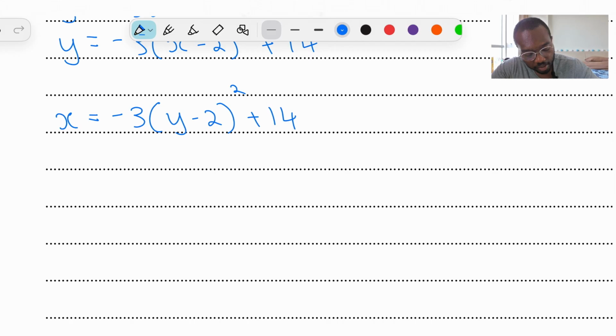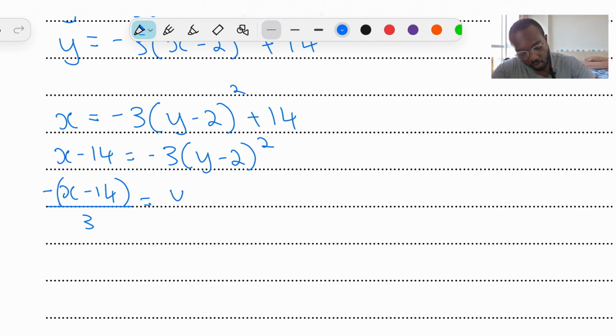So if we do this, therefore, we would get x minus 14 is equal to minus 3 (y minus 2) squared. Then we can divide by the minus 3, so we get minus (x minus 14) over 3, okay?